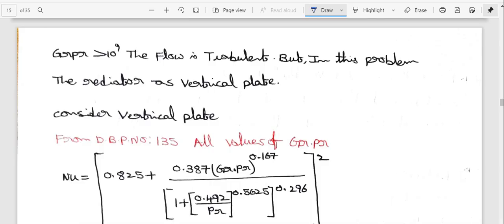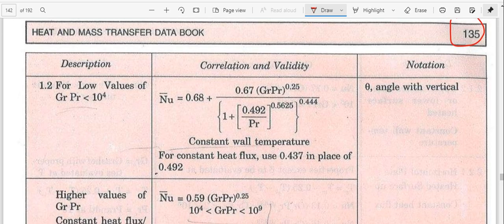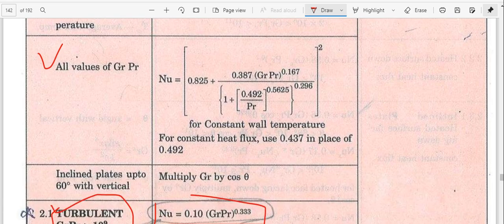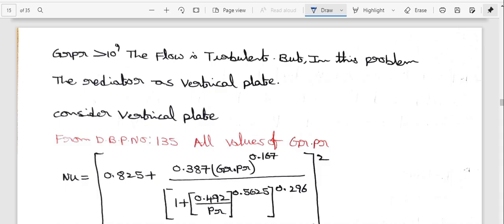The flow is turbulent. But in this problem, the radiator is a vertical plate. We need to consider, from data book page number 135, all values of GrPr for constant wall temperature. In this problem, GrPr is greater than 10 power 9, that means turbulent flow.